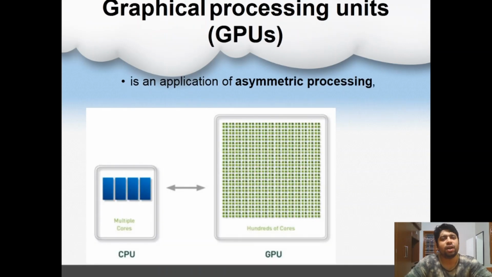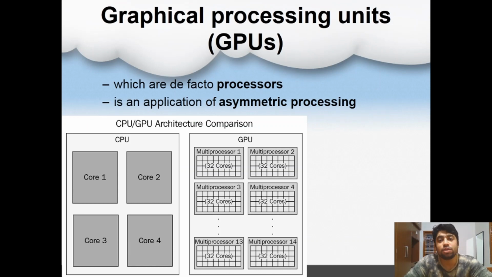Now coming to graphical processing units, GPUs are an application of asymmetric processing. CPU for symmetric, GPU for asymmetric. In the CPU you can see multiple cores are there, but in the GPU you have thousands, a huge number of cores. So that's what is written over there. Here it is multiple cores, here it is hundreds of cores. Now graphical processing unit, the same thing.